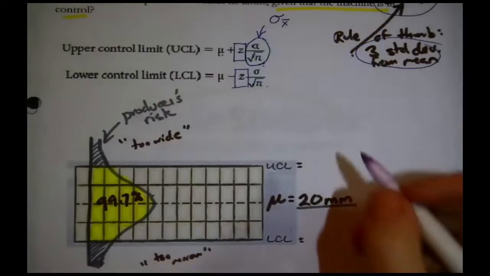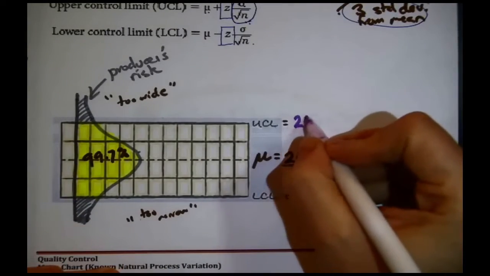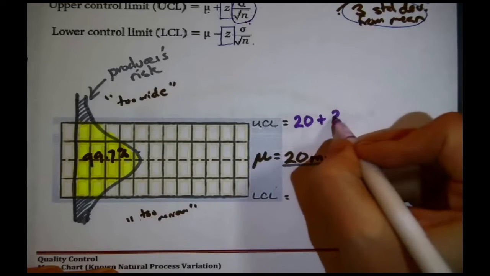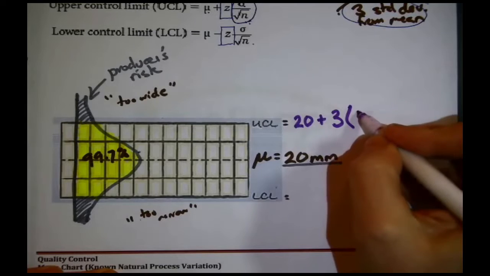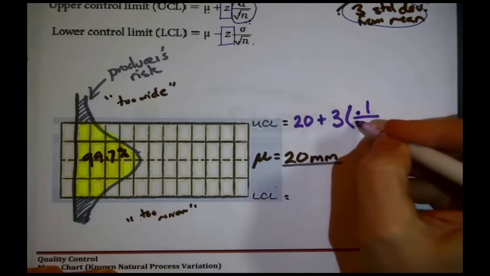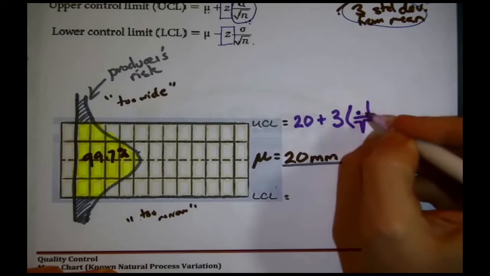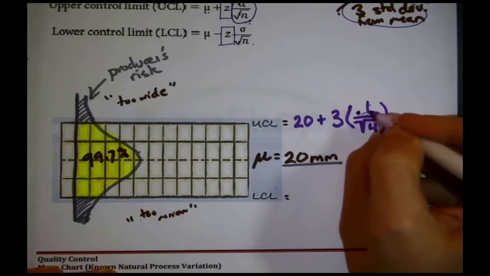Which means to finish this question, the only thing we have to do now is fill out that formula, and now we have all the pieces. Because for the upper control limit, you would say, all right, 20 plus 3, because of that statement there, times 0.1 divided by the square root of 4, so that's 0.1 divided by 2, so that's actually like 0.05, I think.